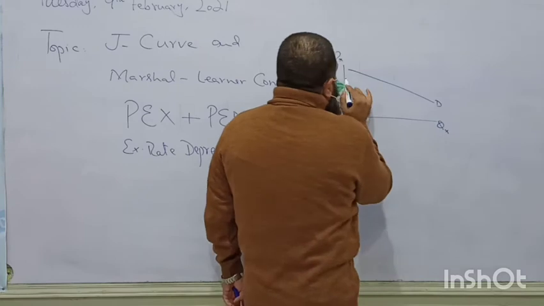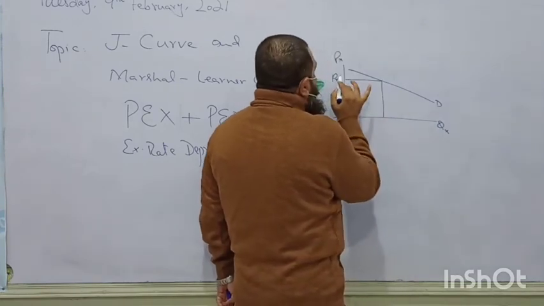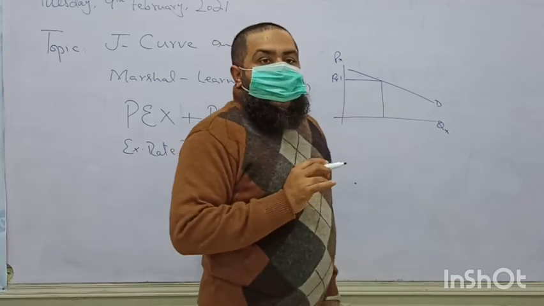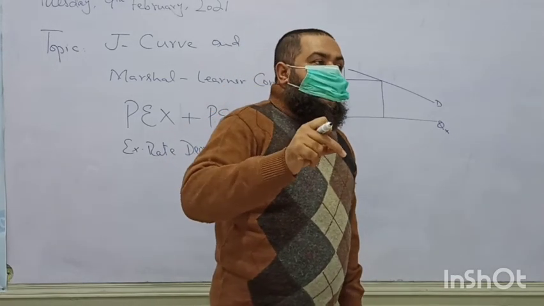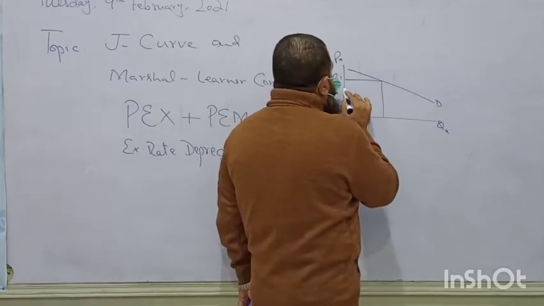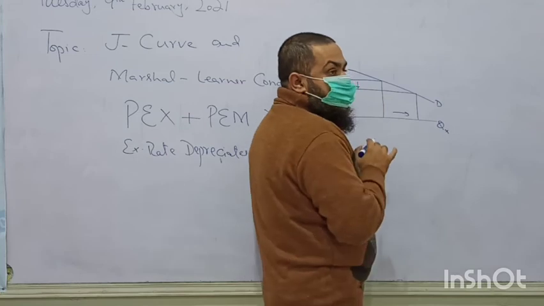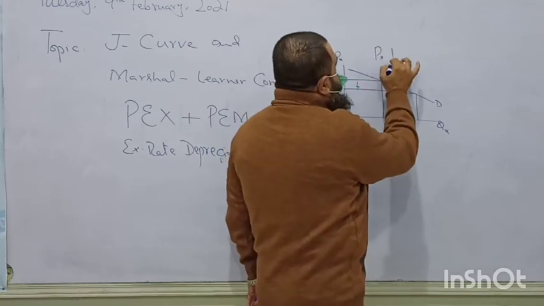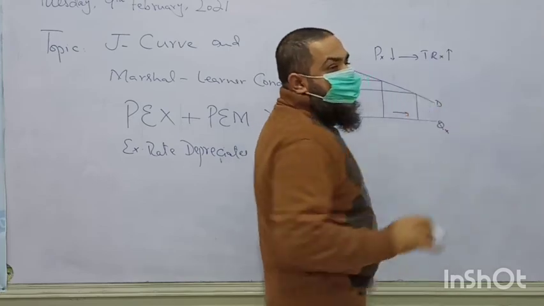So can I say when our exchange rate depreciates, the foreign currencies, they have become stronger. So in their currency, our prices will decrease. So they will buy more of goods. So can I say price of export will fall and total revenue of exports will rise because it is an elastic demand.